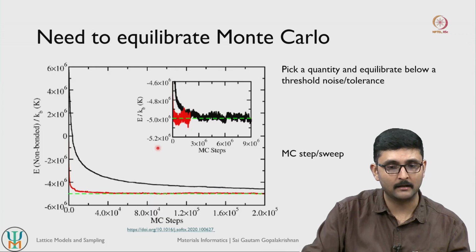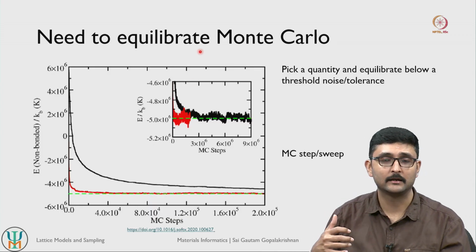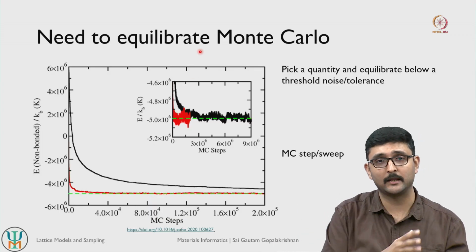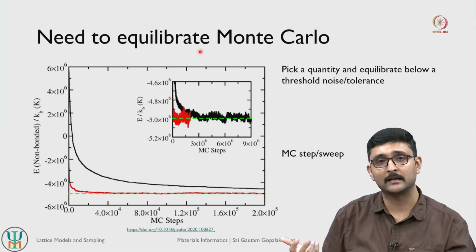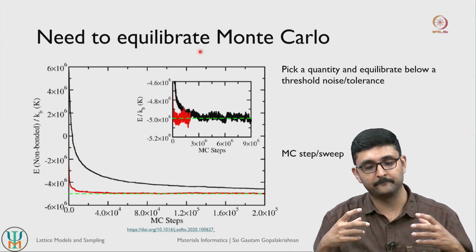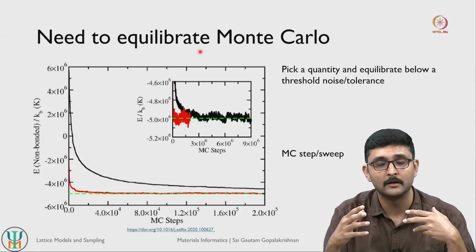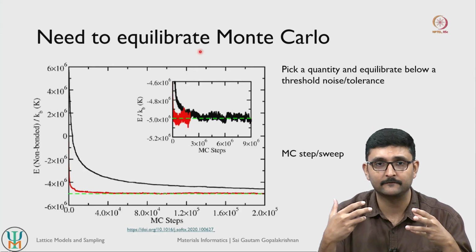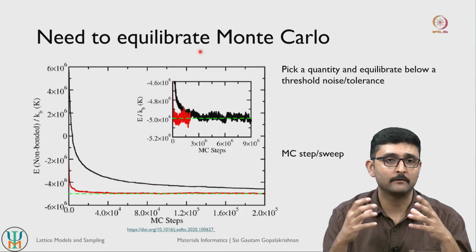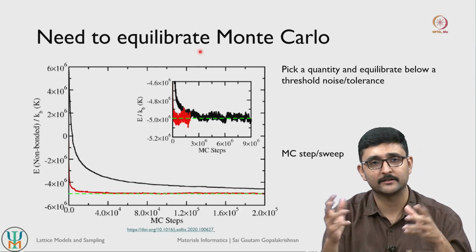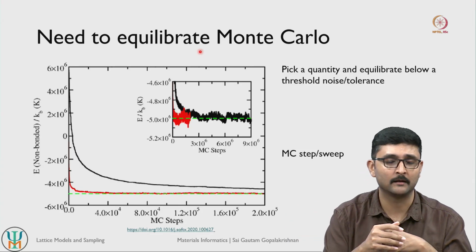Okay. So one thing we should note about Monte Carlo, just like molecular dynamics, is that we need to equilibrate our system. When we start sampling our system, at least for the first few perturbations we create and sample, we won't get very good statistically averaged or thermodynamically averaged quantities, right.